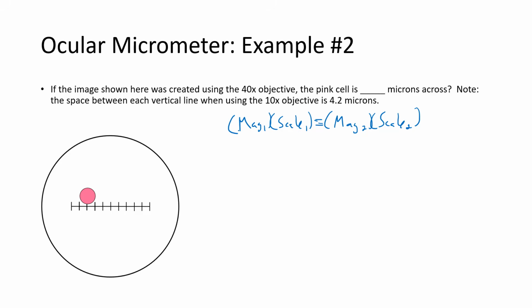Mag 1 is, well, let's see. So this would be at 100x. That's the total magnification. And scale 1 is 4.2, right? So each space would be 4.2 microns per ocular unit.